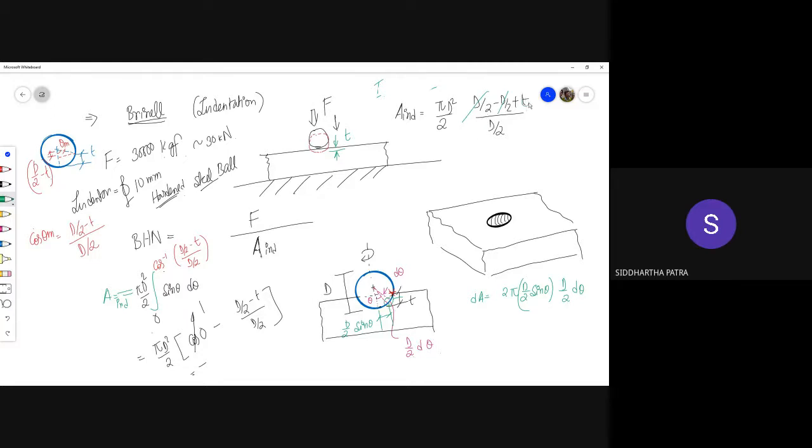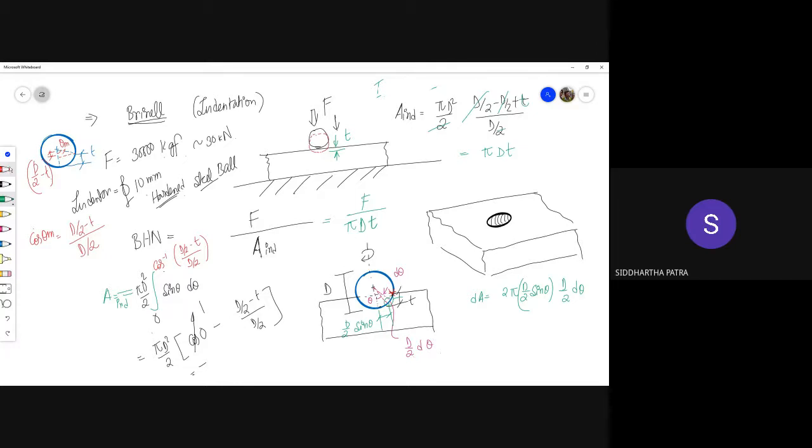This is the depth of indentation t, and these two 2's cancel out. So in the end I have pi capital D times t. So Brinell hardness number is F divided by pi D, that is the diameter of the indenter, which is 10 millimeters, times t, the depth of indentation.